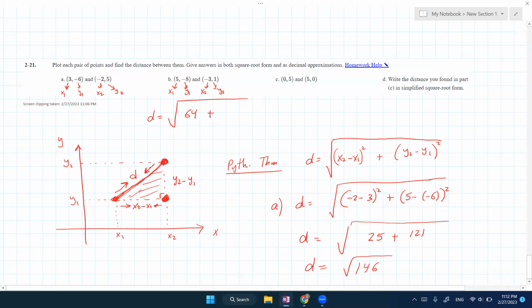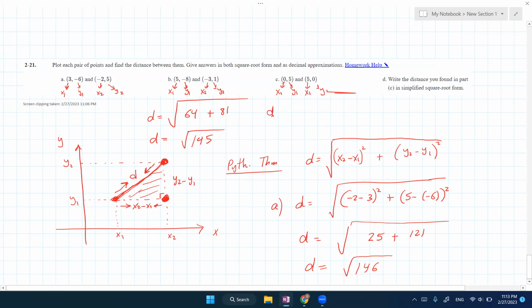Plus 1 minus negative 8 becomes 1 plus 8, that's 9 squared, 81. So d is equal to the square root of 145.